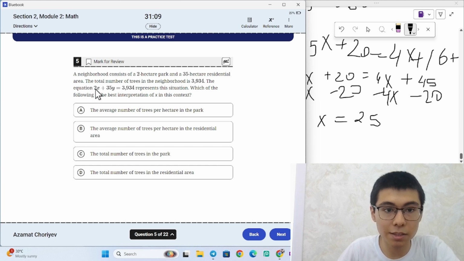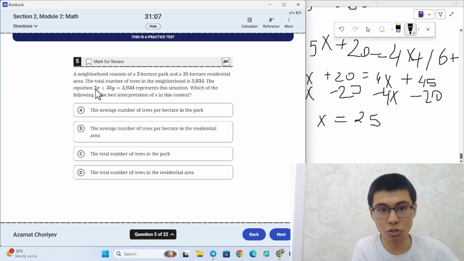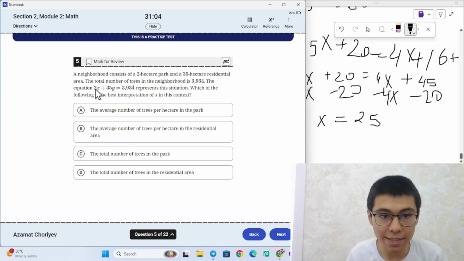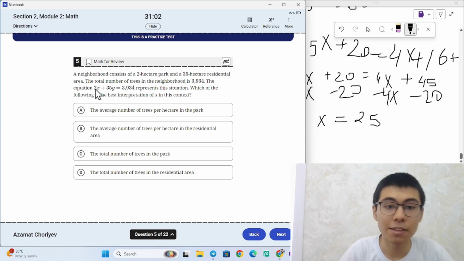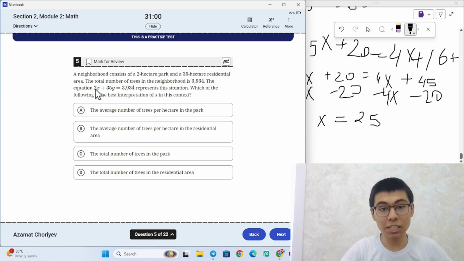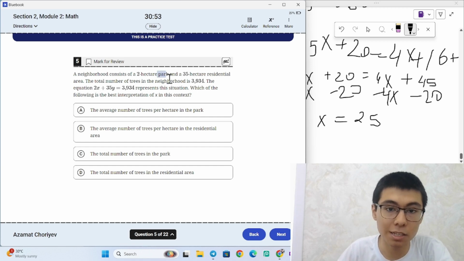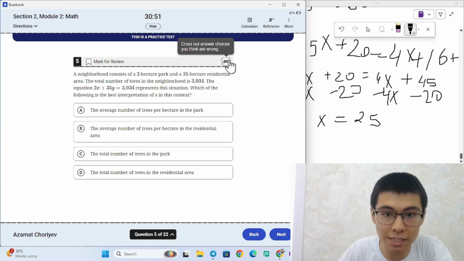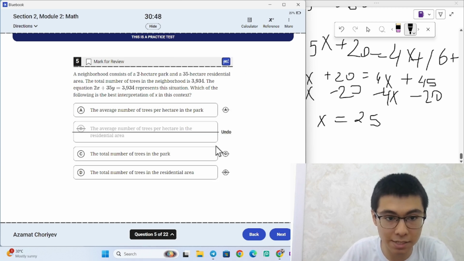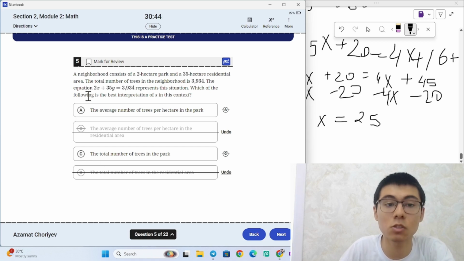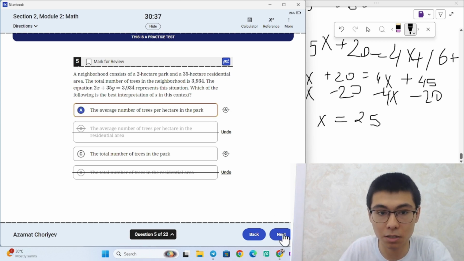The number of trees in the 2-hectare park is 2x, and that means x is the number of trees in each hectare of the park. It's in the park, not in the residential area, so we can easily eliminate choices that say residential area. And it's not the total number of trees, because the total is 2x, but they're asking for x, so it's the average number of trees per hectare in the park.